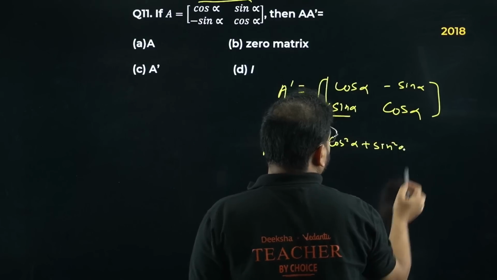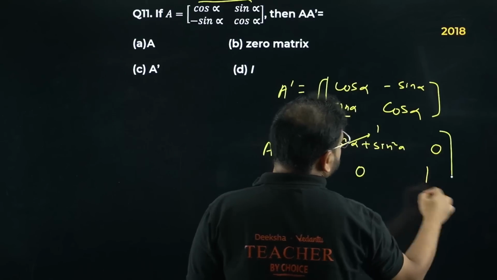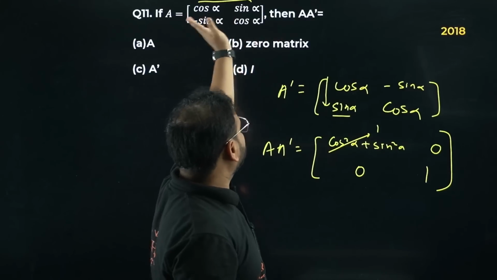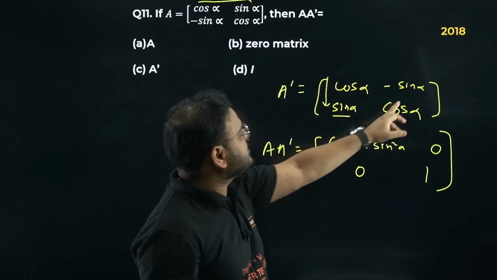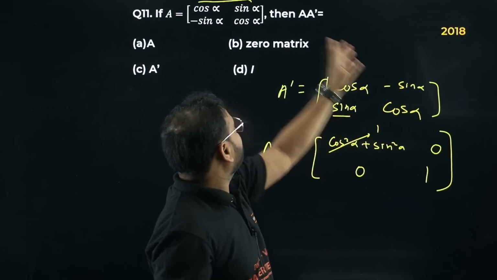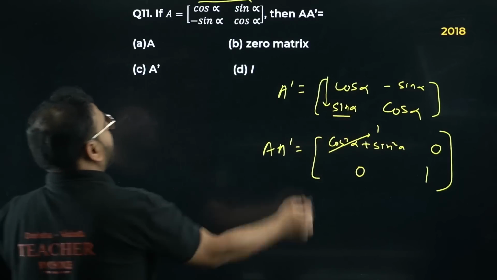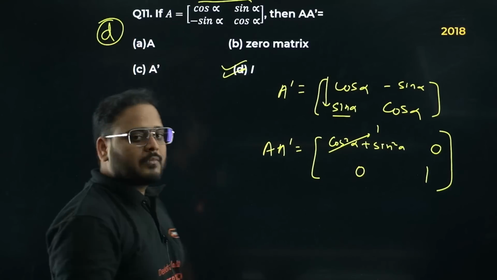This value will become 1. You'll have 0 over here, 0 here, and 1 over here. Please try, simple multiplication. From this row to this column, you're getting cos square plus sine square. If you apply cos alpha, sine alpha to this one, you get minus cos alpha sine alpha, and you get again plus cos alpha sine alpha. That will cancel. You'll have 1, 0, 0, 1. Answer will be option number D. Please try this. You'll get it for sure.